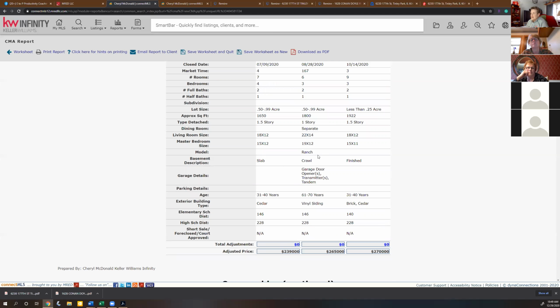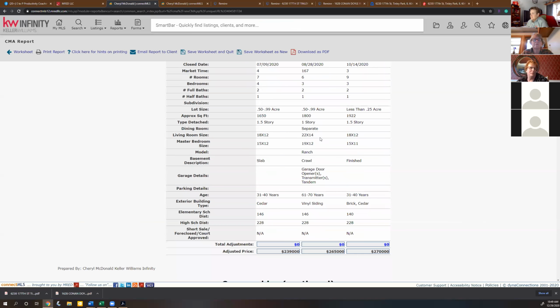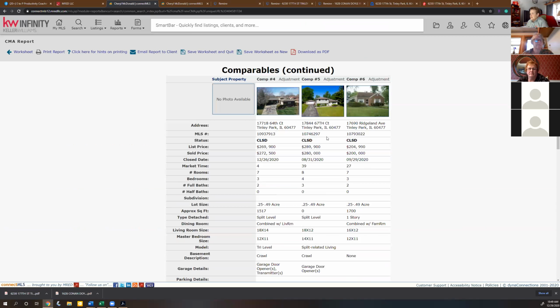So here we've got a ranch that's on a crawl, 265. That's the one we were looking at before. Split level, that's more in line with what my husband and I live in. They call our house a Forester because it has a basement under the lower level. In these houses, nobody has basements.